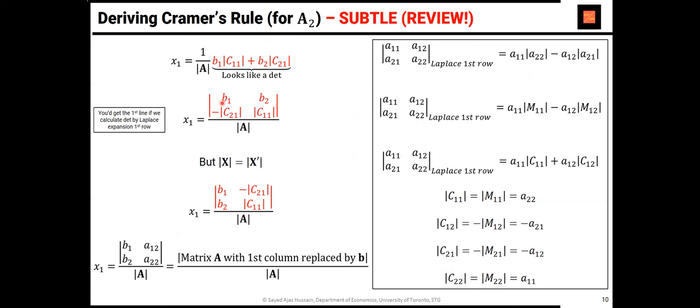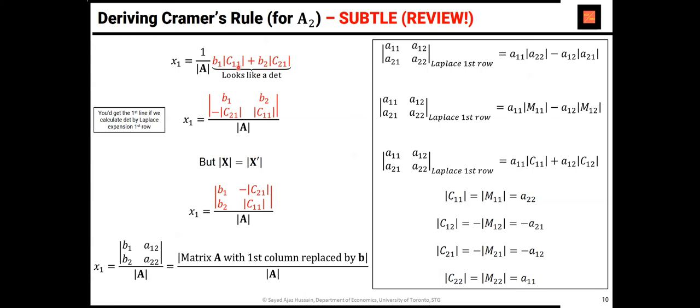And you want to be now super careful. This red expression, the first line, would be the determinant of this matrix only if we carried out the expansion by the first row. Because you can see that if I did it by the first row, I would do B1 times C11, and then I would do minus B2 times minus C21, which will then give you plus B2C21.